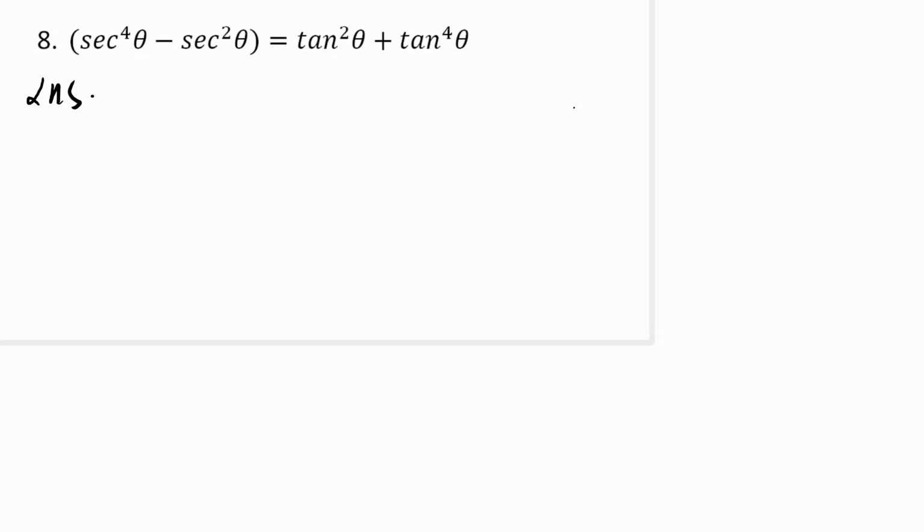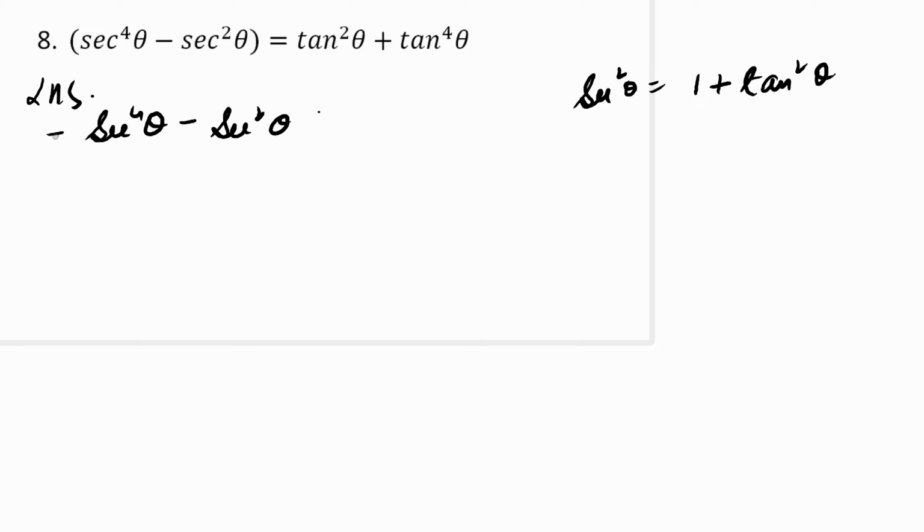The relation goes: sec square theta is equal to 1 plus tan square theta. So we'll try and do something over here. We won't convert it into sin and cos. So left hand side is sec 4 theta minus sec square theta. What we will do, we'll take sec square theta common. So what will happen? Sec square theta (sec square theta minus 1).